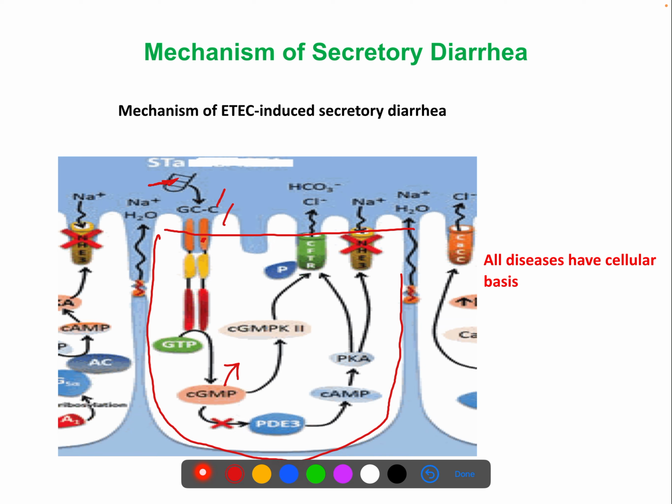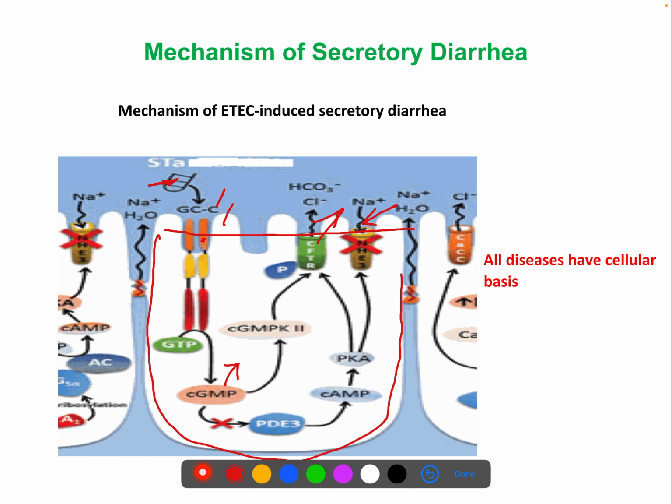Elevated cyclic GMP activates protein kinase that inhibits sodium absorption, particularly through the sodium hydrogen exchanger, as is shown over here. At the same time, cyclic GMP indirectly stimulates the CFTR chloride channel. So this is the CFTR chloride channel. It's activated by binding of STa with guanylate cyclase C receptor.